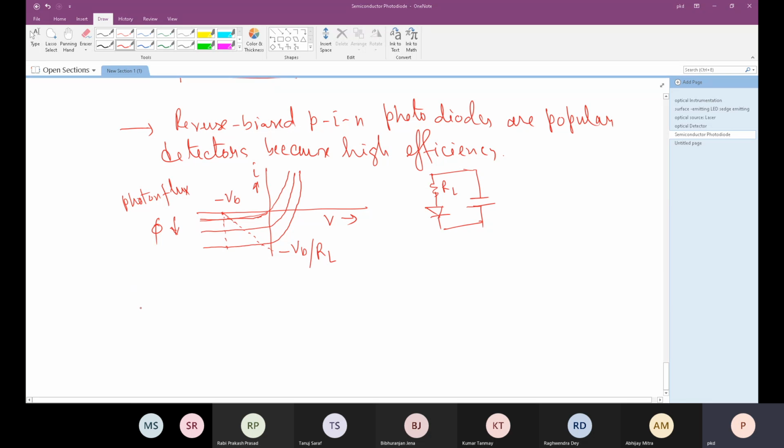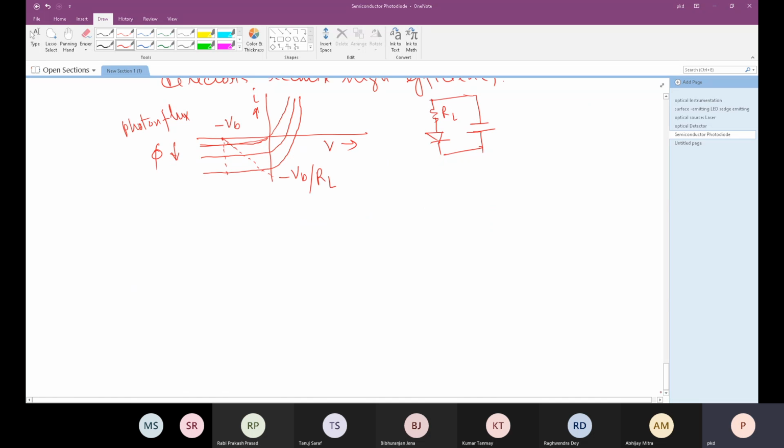Also, because the width of the depletion layer is increased, it will have a larger photosensitive area, making it easier to collect more light. So these are the factors why PIN photodiodes increase efficiency as well as reduce the transit time.